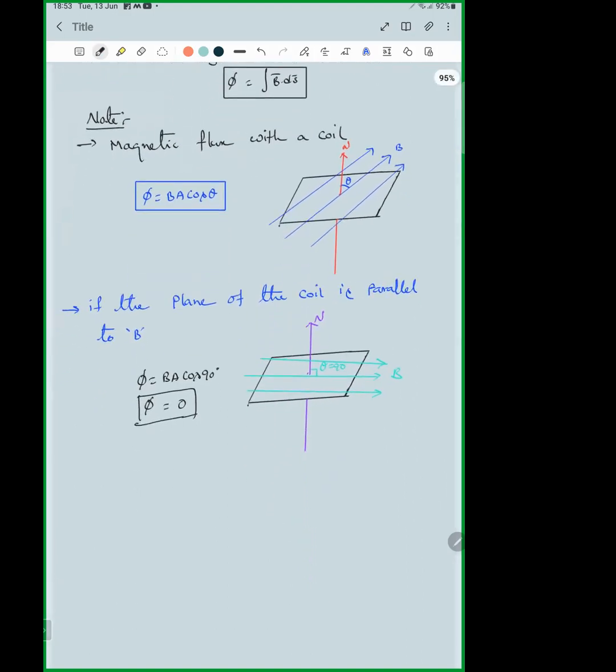And in the next case, if the plane of the coil is perpendicular to B, then the normal line is along the field.